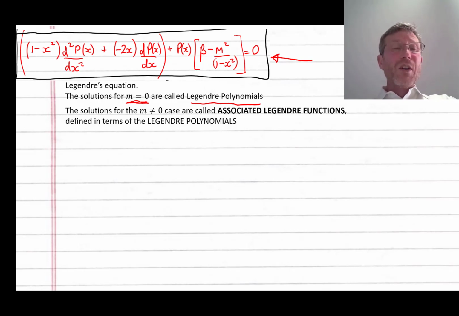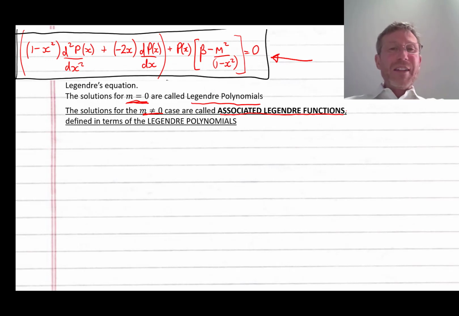In this next section, what we're going to do is talk about the case where m is not equal to 0. This particular case is called the Associated Legendre Functions.